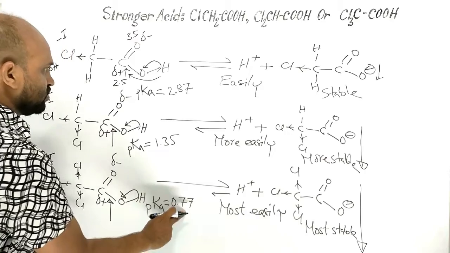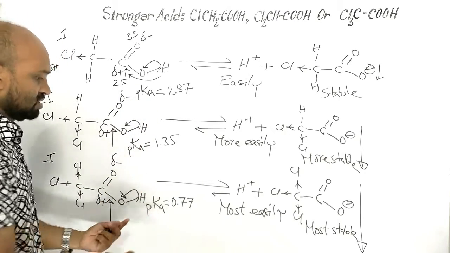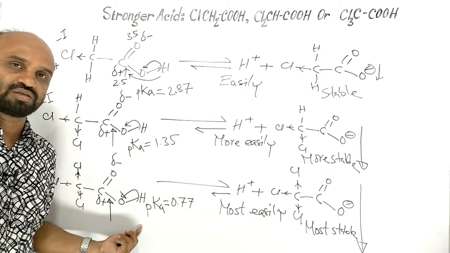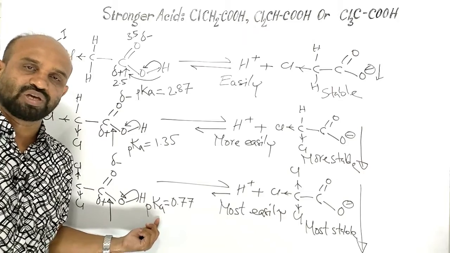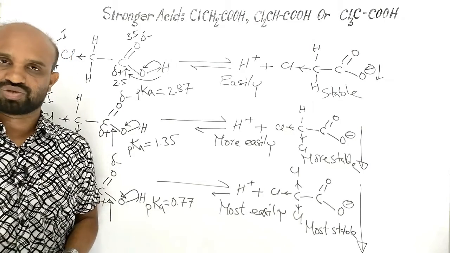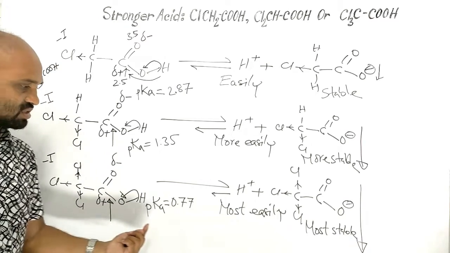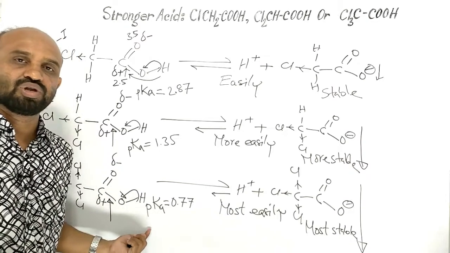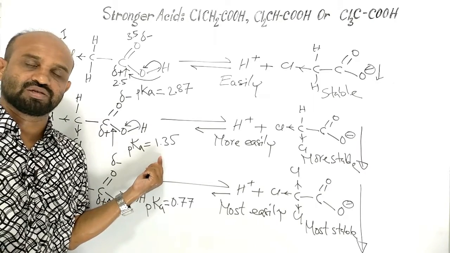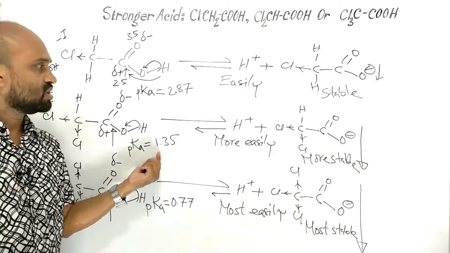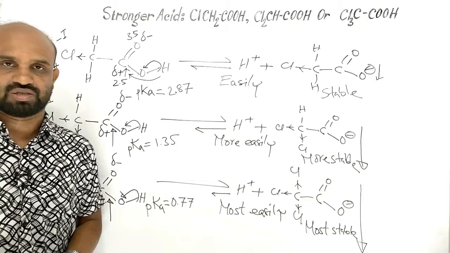So from the values of pK, we can say that trichloroacetic acid is the strongest acid, because we know that the lower the pK value, the stronger the acid. As the pK value of trichloroacetic acid is the lowest, it will be the strongest acid. Then dichloroacetic acid is a moderately strong acid, and after that monochloroacetic acid is simply a stronger acid.